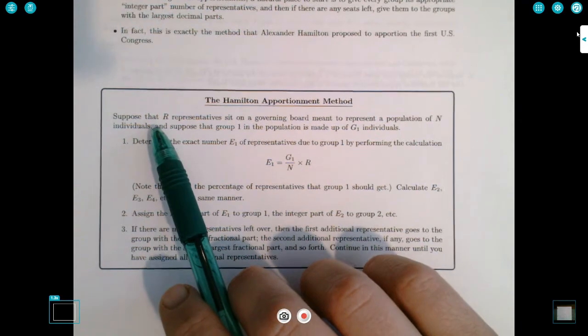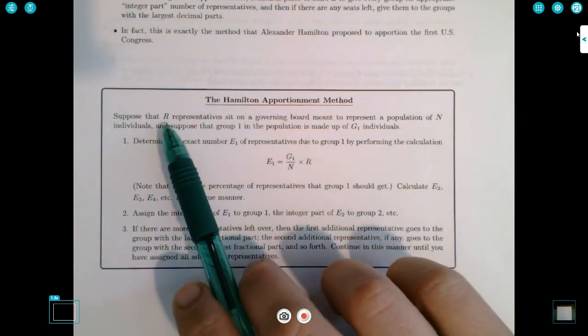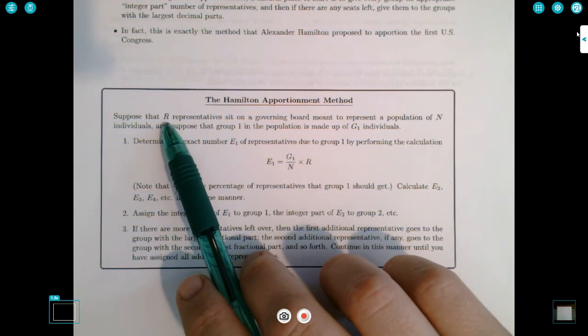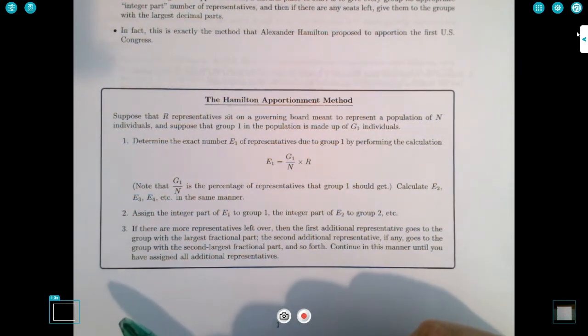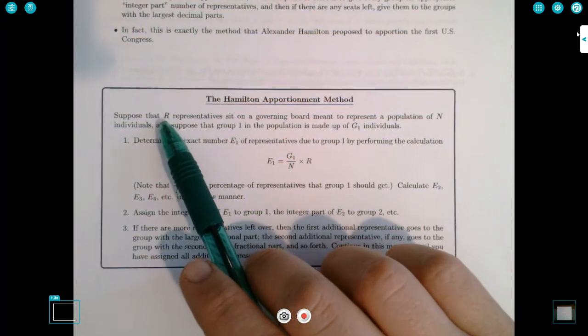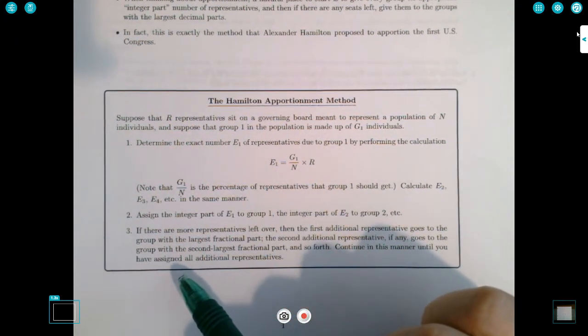Let's say that our representatives sit on a governing board. R could be, for example, a House of Representatives where there are, let's say, 200 members, and so then R would be 200. But it doesn't have to be a government thing.